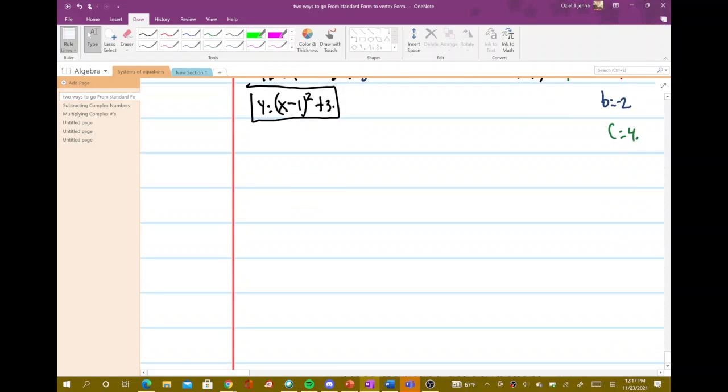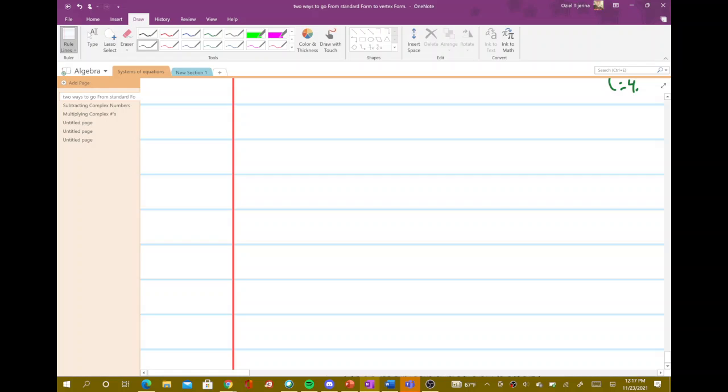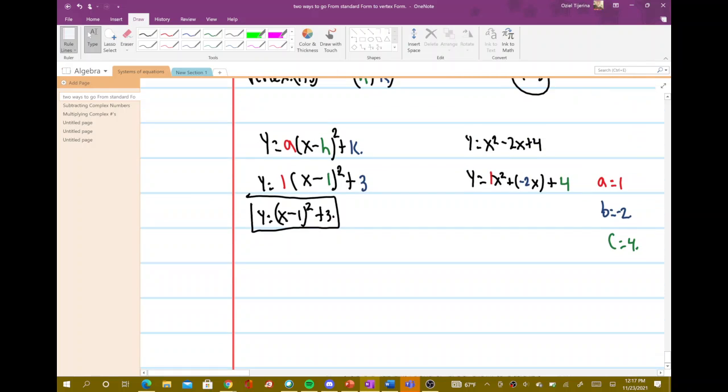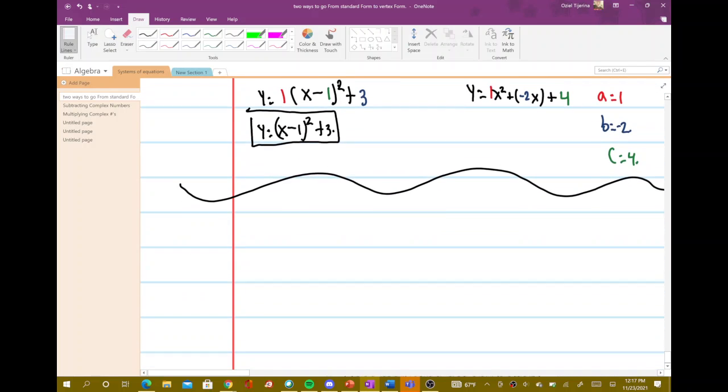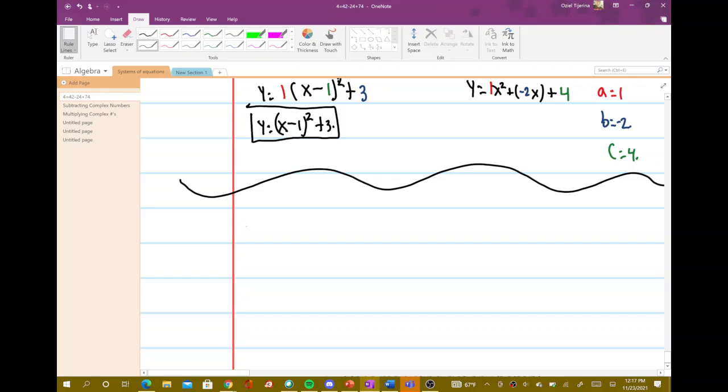The second way to do it is by using something called completing the square, right? So that was by finding the vertex and doing it that way. There's also completing the square.